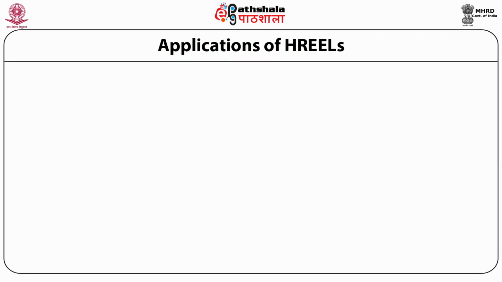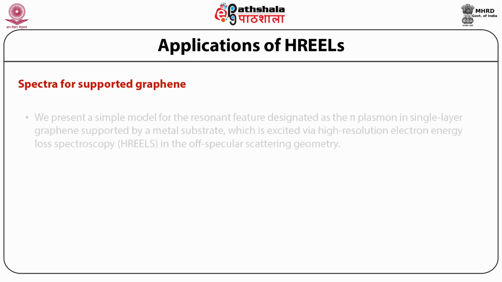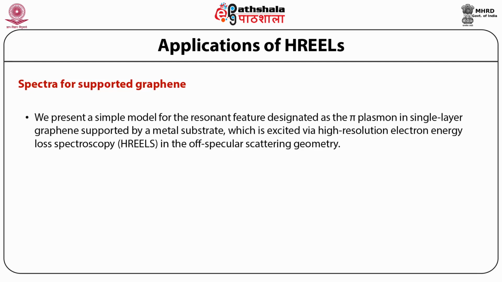Application of HREELS: spectra of supported graphene. We are discussing spectra of supported graphene in the application of HREELS. We present a simple model for the resonant feature designated as the pi plasmon in single layer graphene supported by a metal substrate, which is excited via high resolution electron energy loss spectroscopy in a specular scattering geometry.